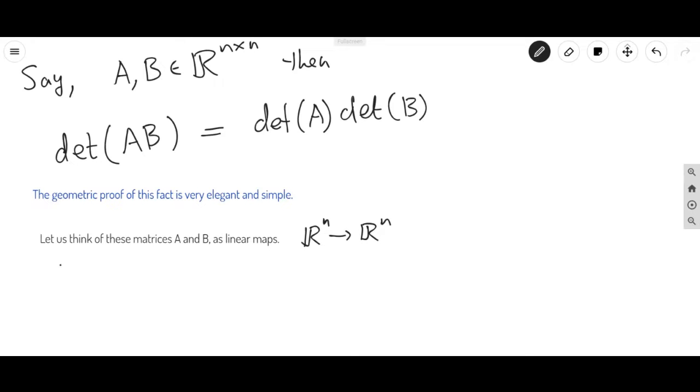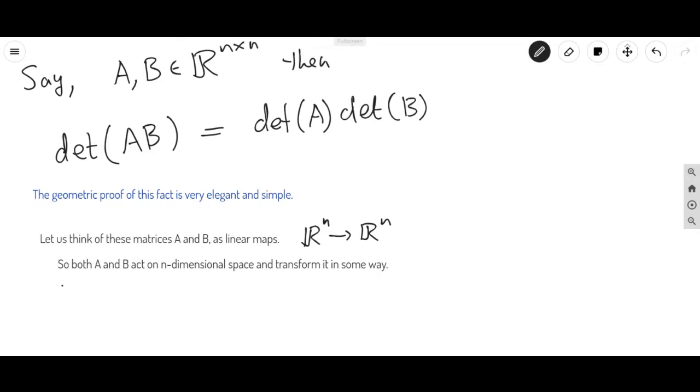So both A and B act on n-dimensional space and transform it in some way. Right? You have a before and after picture. We've done plenty of examples with two-dimensional pictures, but in general, you have an n-dimensional linear map.